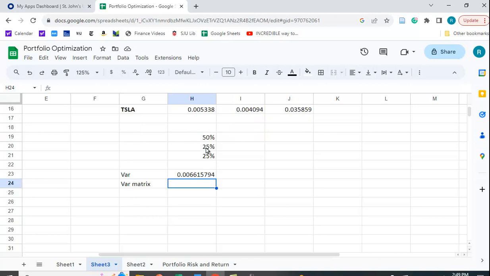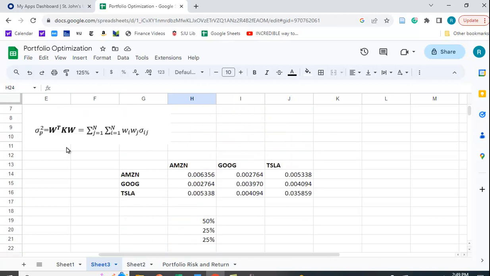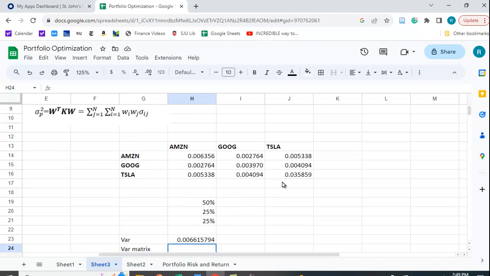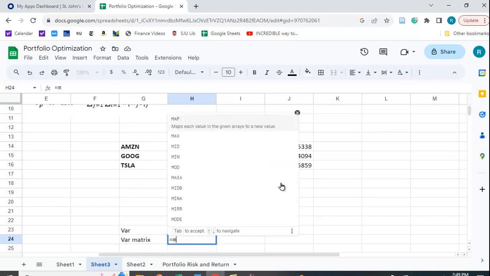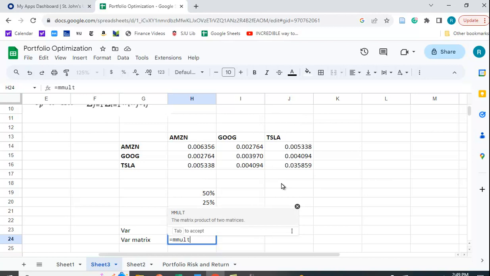So this is my W, and this is my K. And here's the formula, so let's see if we can do this. I'm going to use MMULT, that means matrix multiplication. And remember, we're doing 2 multiplications.